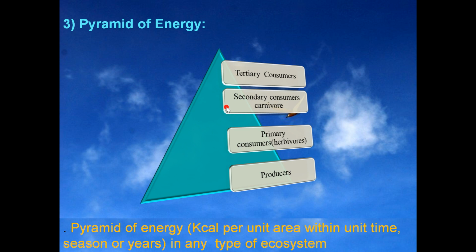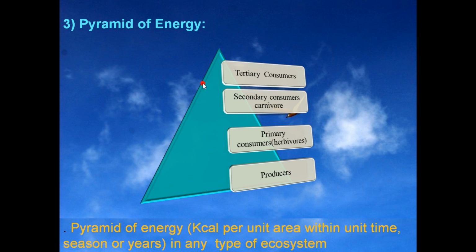So here the energy pyramid more accurately reflects the laws of thermodynamics, and the pyramid is always upright, with the large energy base at the bottom, that is the producer level. Again, as we saw earlier in the number and biomass pyramids, here in the energy pyramid the producers are always at the base level and the energy goes on decreasing from bottom to top.